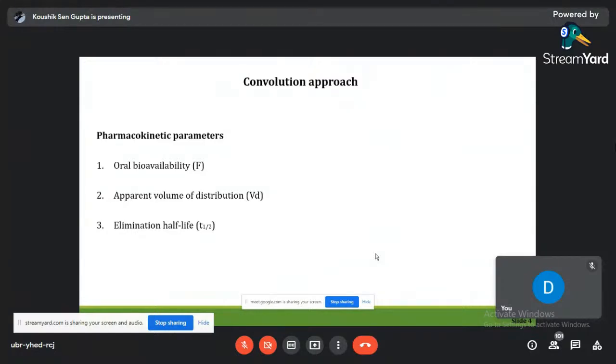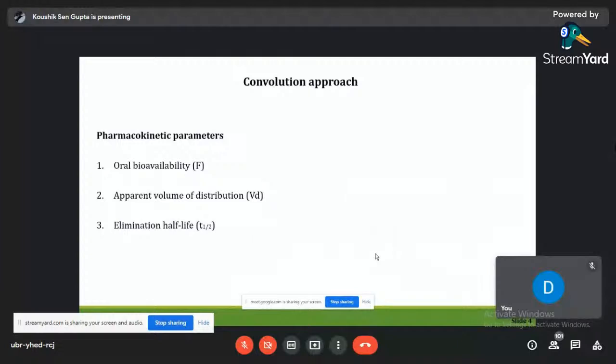And we know that our total volume of fluid is approximately 25 liters. It consists of extracellular fluid, intracellular fluid, blood, all these things. So it is also an important pharmacokinetic parameter. That is, per kg, how much volume the drug is going into our whole body.